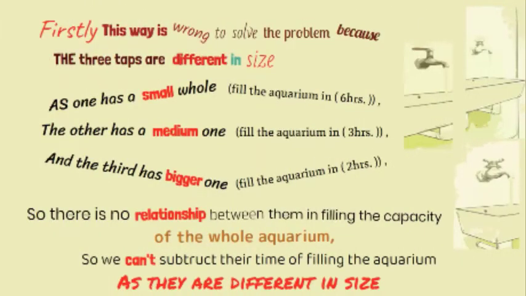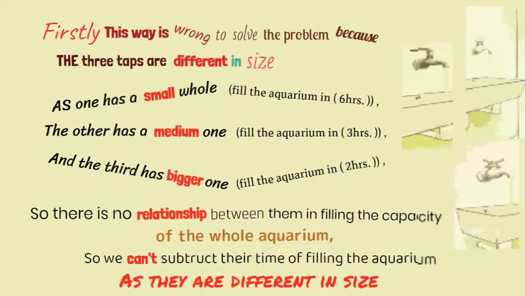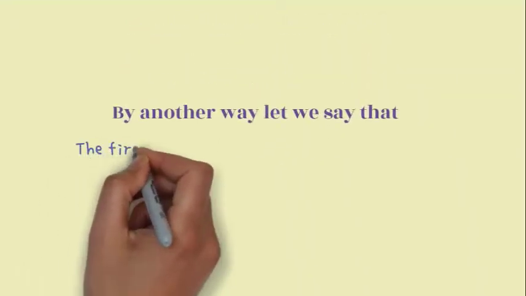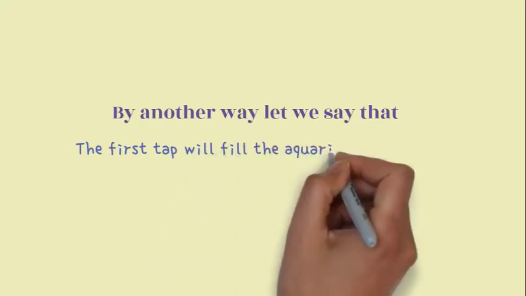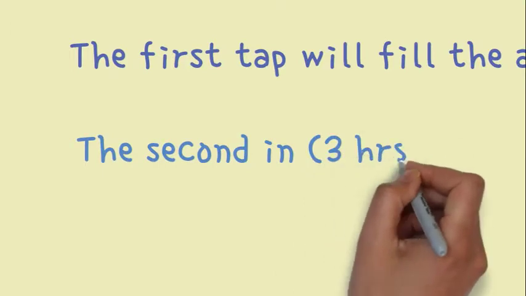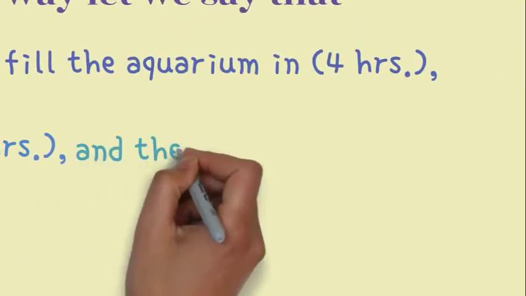To fully understand this point, we can explain it another way. Let's say that the first tap will fill the aquarium in 4 hours, the second in 3 hours, and the third in 2 hours.